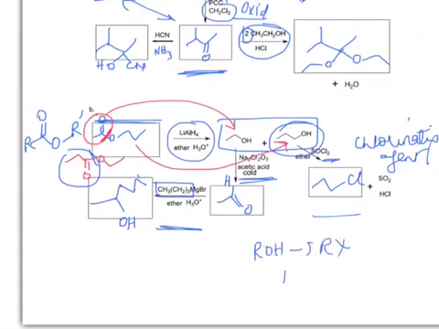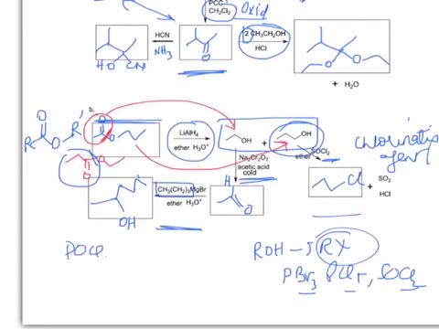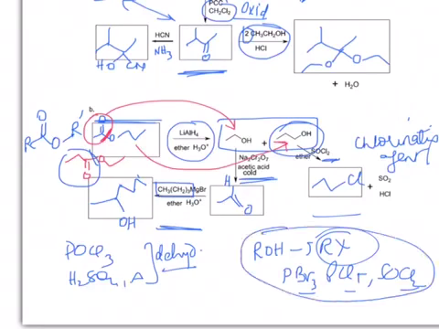You can use PBr3, PCl5, SOCl2, depending on the halogen atom that gets incorporated in here. On the other hand, if you have things like POCl3 or H2SO4 heat, those are dehydrating or elimination conditions. Conversion of alcohol to alkyl halide, that's a substitution reaction condition.